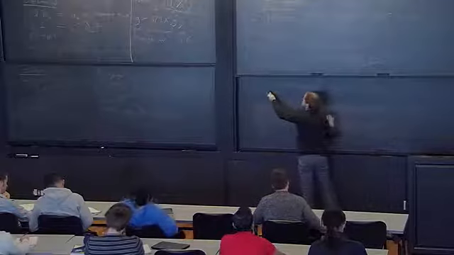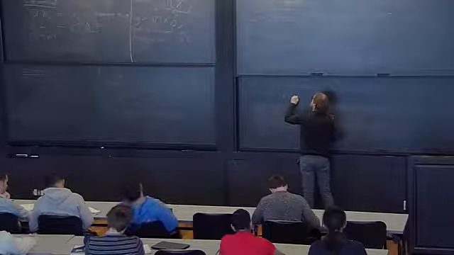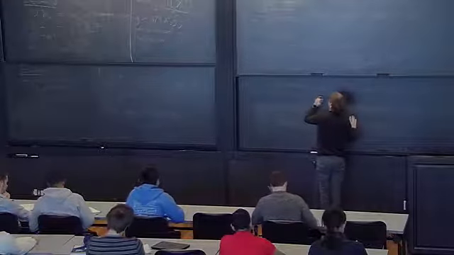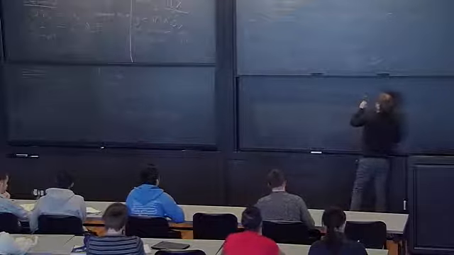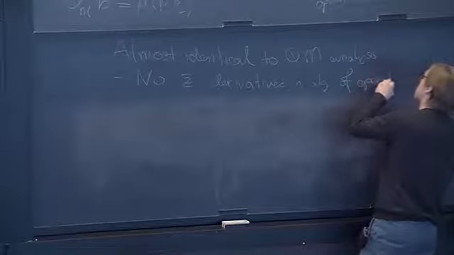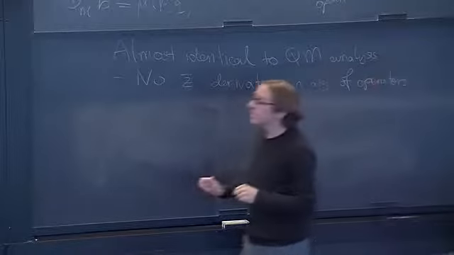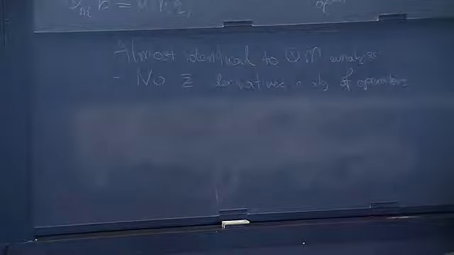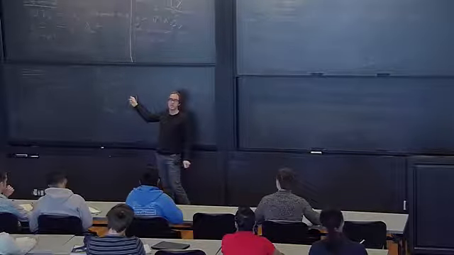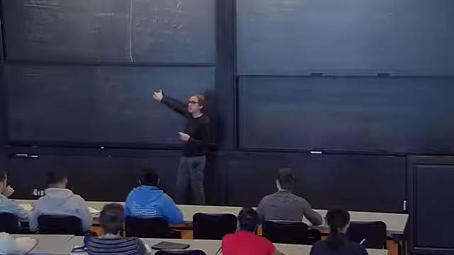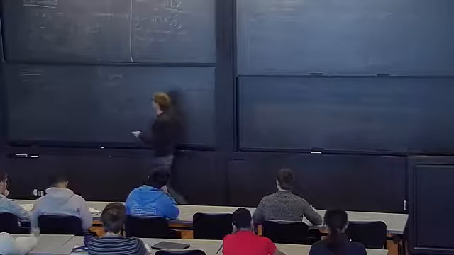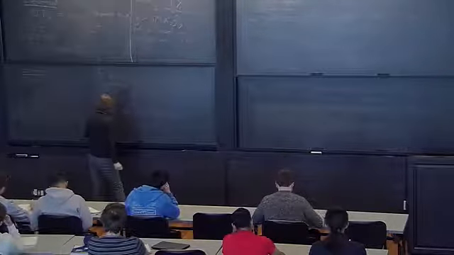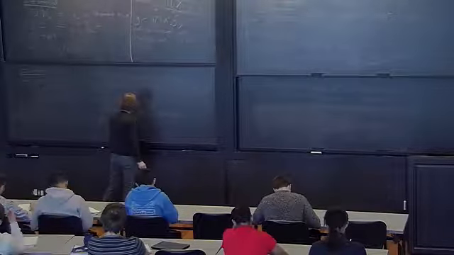First you realize that there are no z bar derivatives appearing in the algebra of operators. That's because the linearized equations of motion tell us that these fields are holomorphic, so they're independent of z bar. And the gauge transformations which preserve A equals 0 are those which have no z bar component, because under infinitesimal gauge transformations, A transforms as d-bar chi plus chi A.